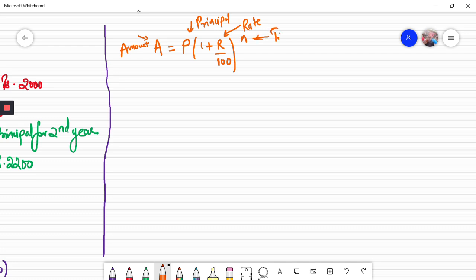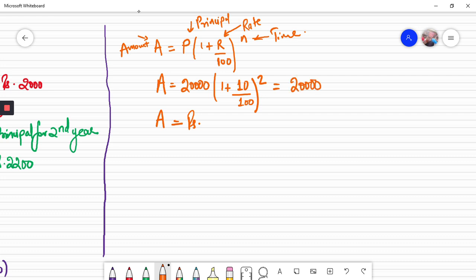So substituting the values, we will get amount as 20,000 into 1 plus rate was 10 upon 100 raised to the power 2. So do the calculations, you will get rupees. See, I'm just simplifying the calculations for you. You have to be patient for doing these kinds of calculations. Take the LCM, so this will be 110 by 100 whole square.